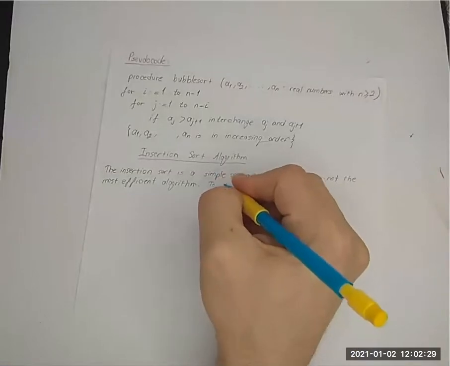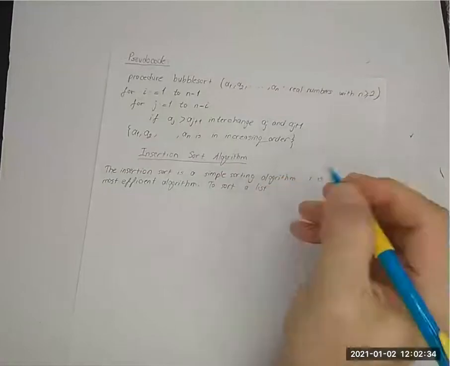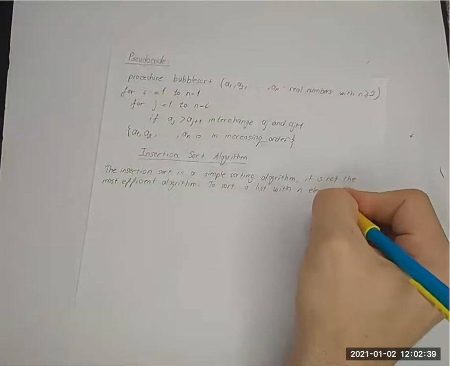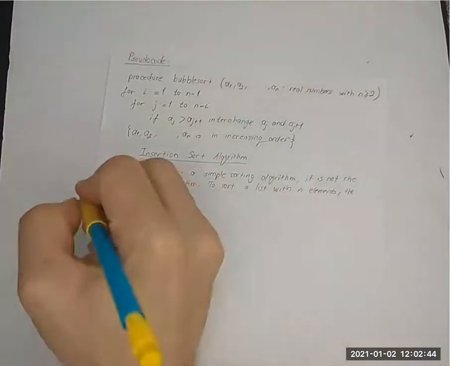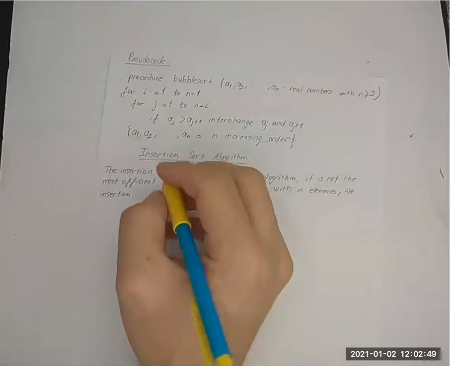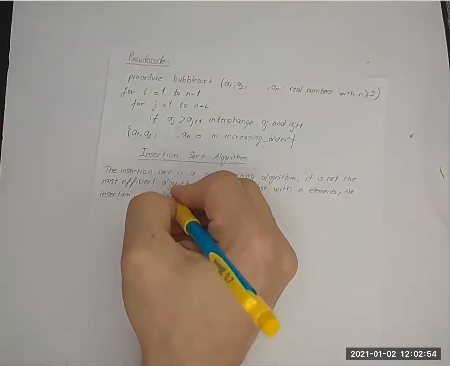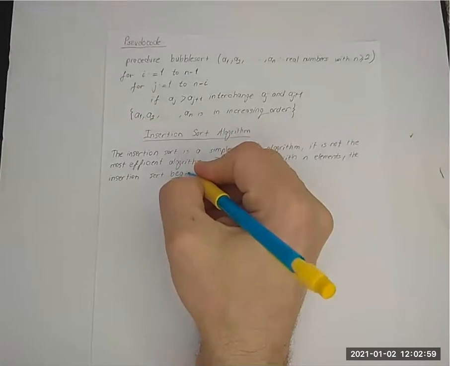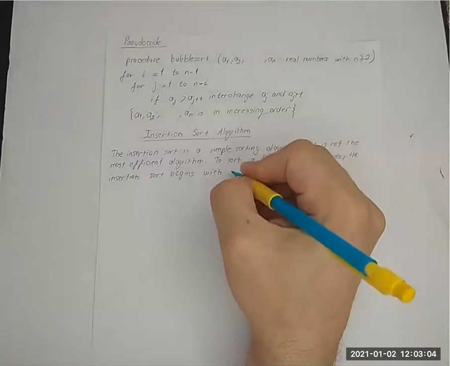To sort a list with an element, the insertion sort begins with the second element.